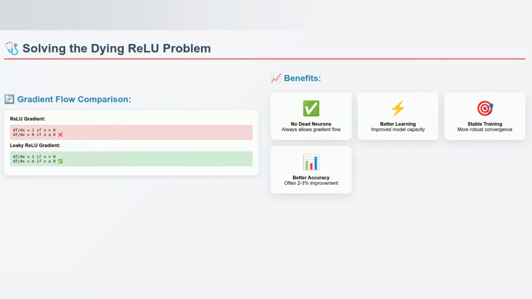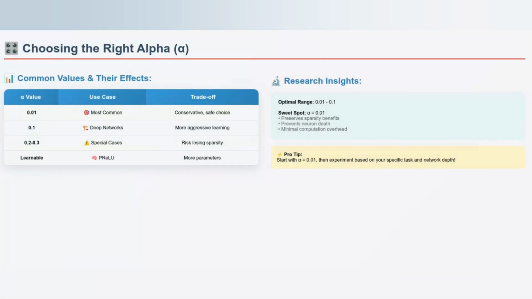In practice, networks with Leaky ReLU often show faster convergence and better final accuracy. In a recent experiment on CIFAR-10, switching from ReLU to Leaky ReLU improved accuracy by 2.3% and reduced training time by 15%.